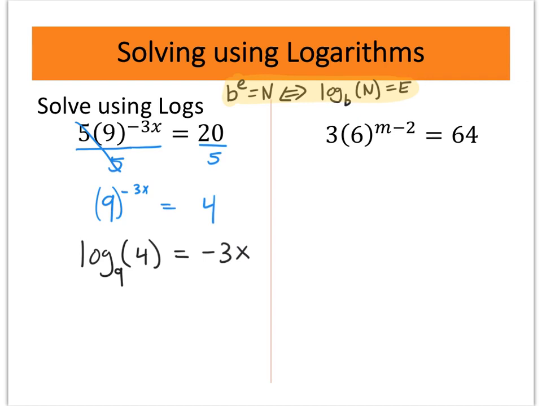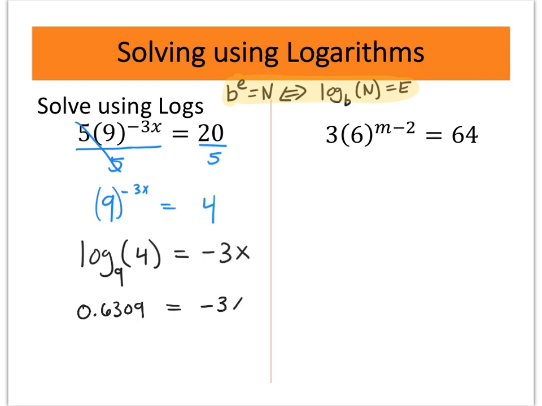And then I'm going to put this into a calculator. I'm going to put the log base 9 of 4 into a calculator, and I get 0.6309, and it keeps going a little bit more, but I'm just going to go out 4 decimal places.